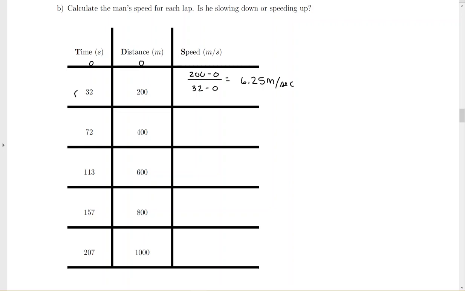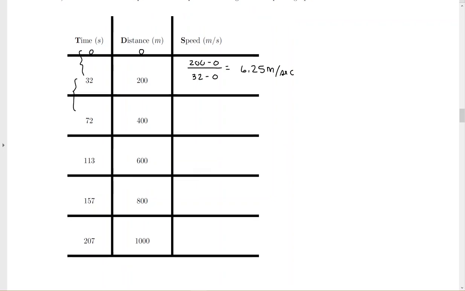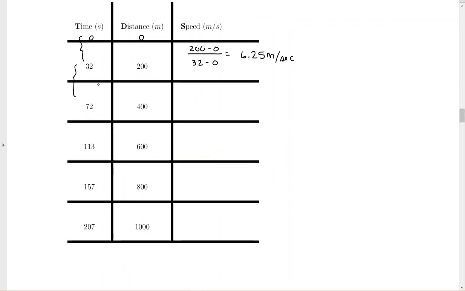For these next two, so we did these two, what was the average rate of change from there to there? Now we're going from 32 to 72. So we're starting with 400 minus the 200. This is our B now, and this is our A. So 72 minus 32.